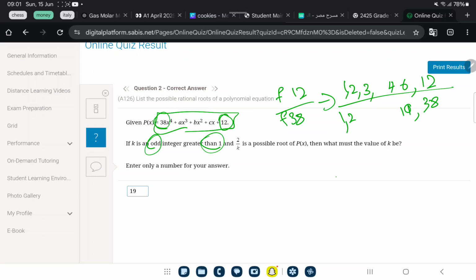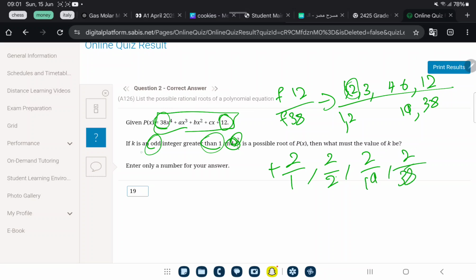So anyways, here they didn't put the negative, so it's positive, and the numerator is 2, so we're going to only take 2. So it's 2 over 1, 2 over 2, 2 over 19, and 2 over 38.